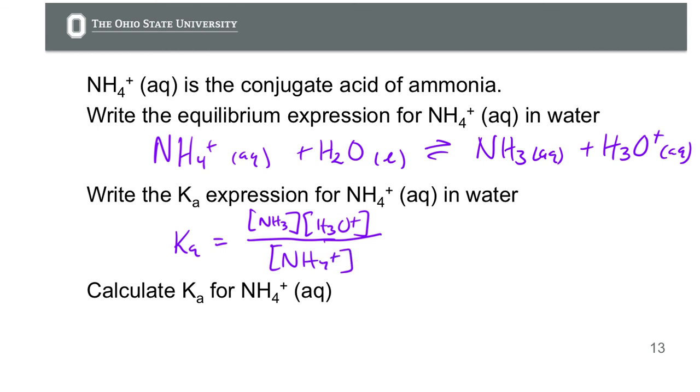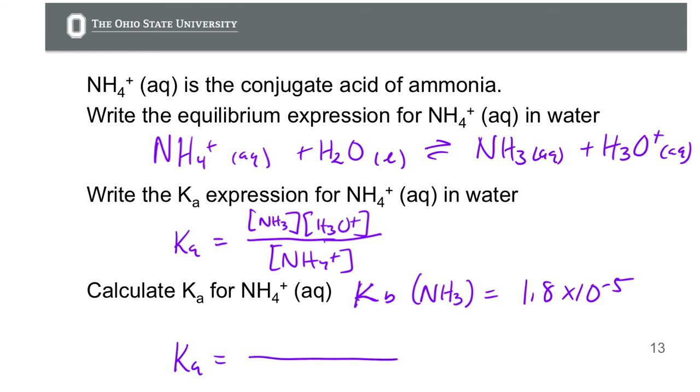And then we can calculate the Ka for NH4+, given the Kb, which I haven't apparently put on this slide. Kb for ammonia is 1.8 times 10 to the minus 5. And so our Ka is 5.6 times 10 to the minus 10.